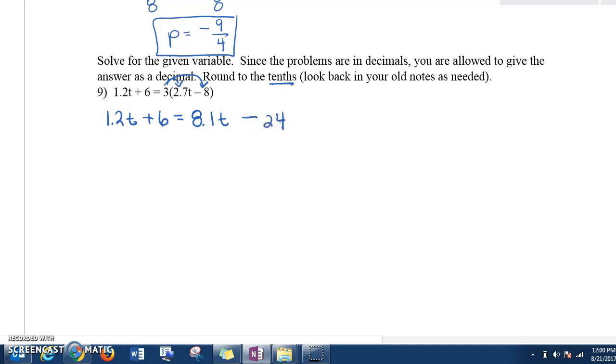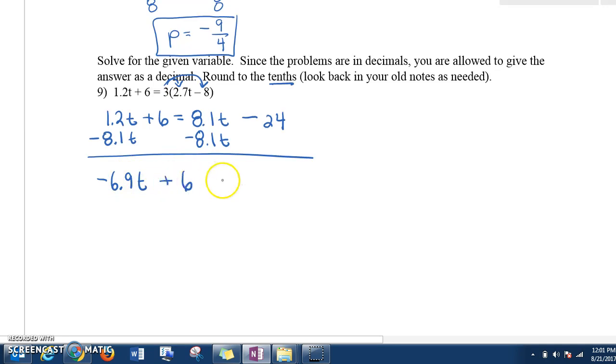And then we're going to combine like terms. This is just like example 6, 7, and 8. We have a variable on each side. We're going to move one of them to the other side. Go ahead and subtract 8.1t to the left side. Now 1.2 minus 8.1 is negative 6.9t.